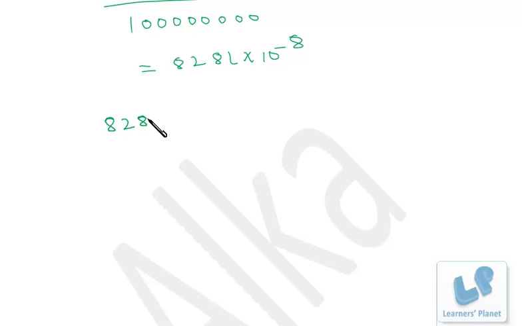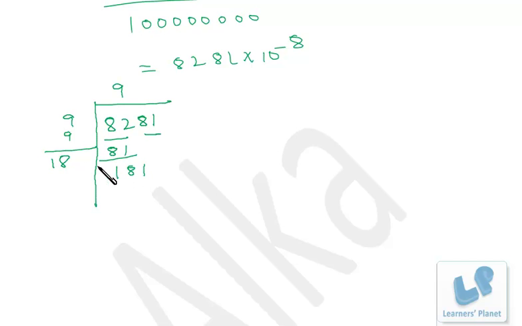So 8281, 9 9s are 81, 9 and 9, 18, it's 181. So 181 into 1 is 181. So it's 1 over here. That means square root of 8281 will be 91, and square root of this 10 raised to power minus 8, square root means half, so 10 raised to power minus 4.